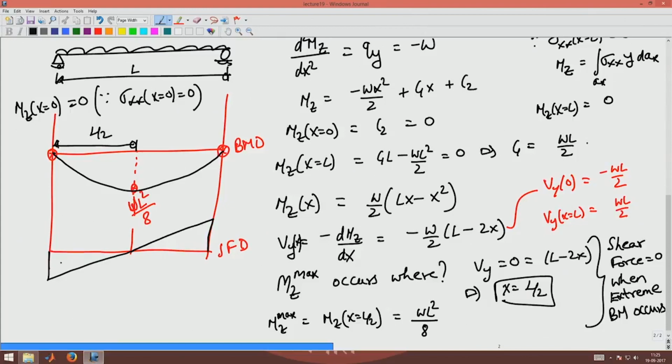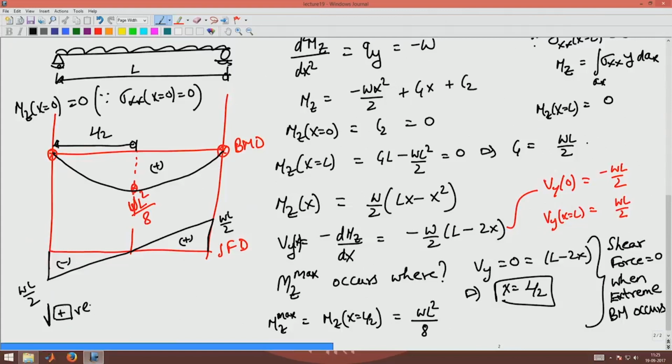So it is negative here, positive here, WL by 2 and WL by 2. Let us understand why this is negative and this is positive. If I take a section here, the positive shear force should act like this. This is the positive shear force.